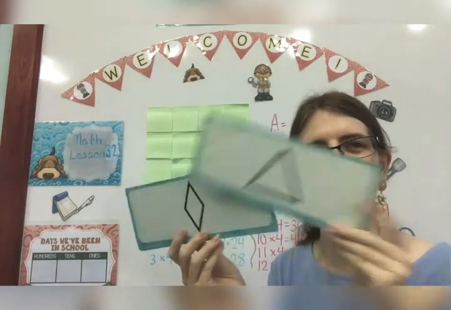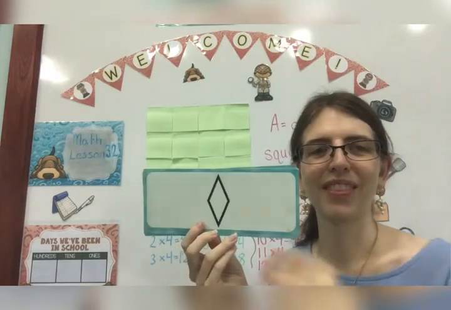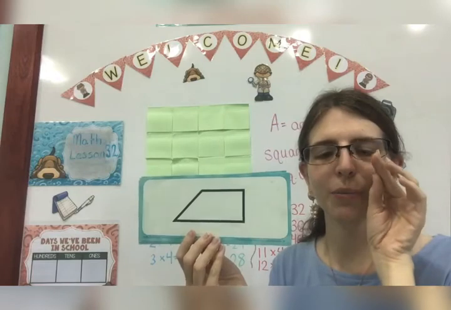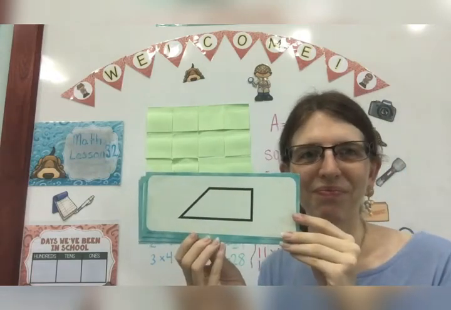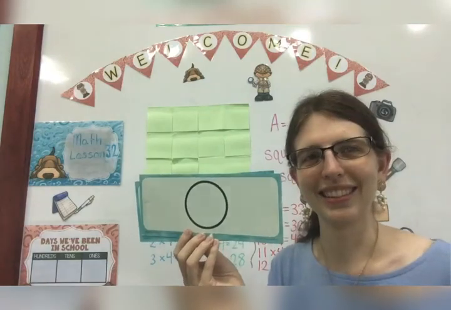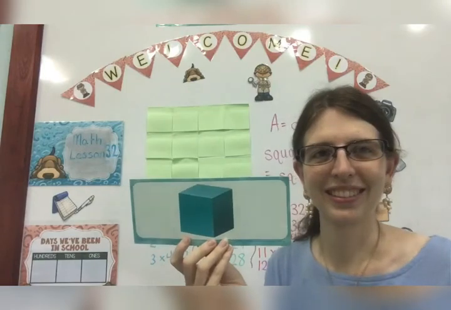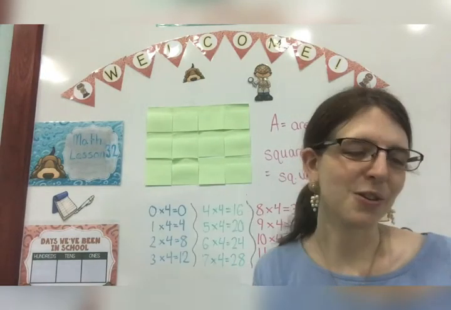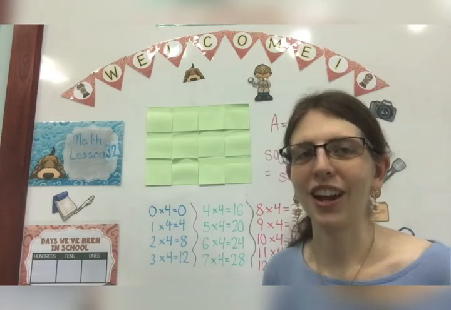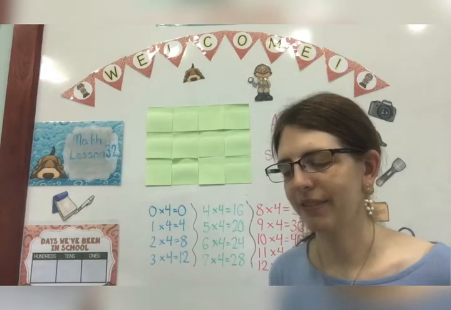Billy. Triangle, good. How about this one, Abigail? Diamond or kite? How about this one? Jade? Trapezoid. What about this one, Josephine? It is a circle. How about this one, Cassandra? Cube. Nicely done.